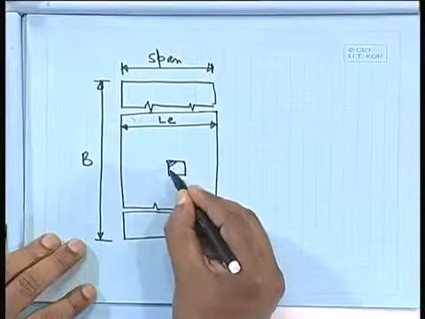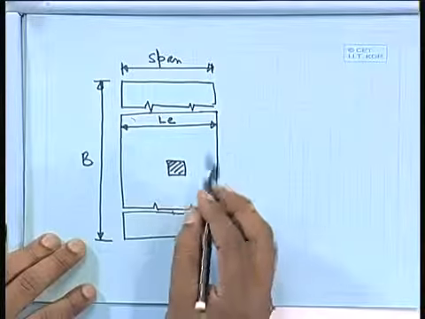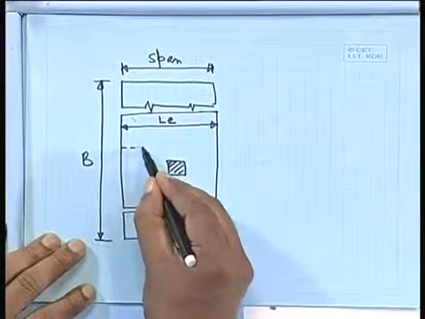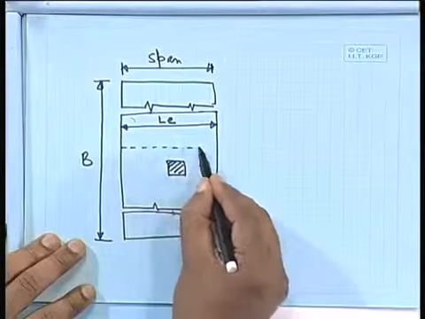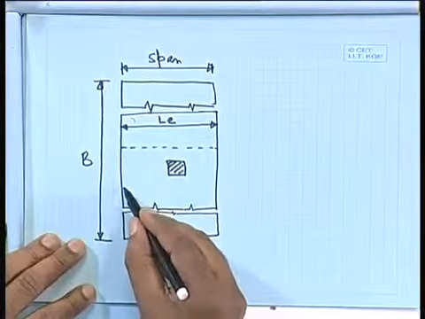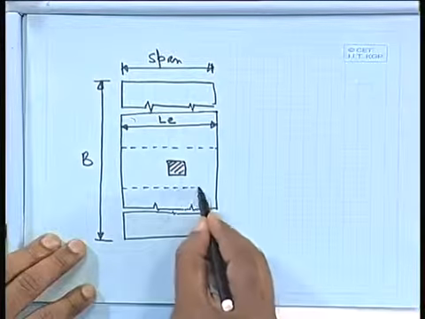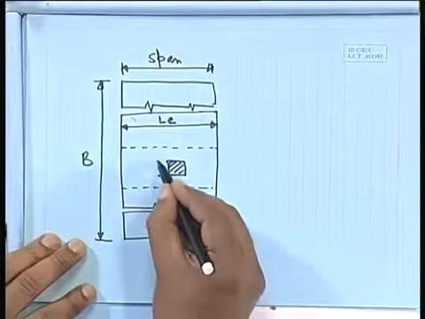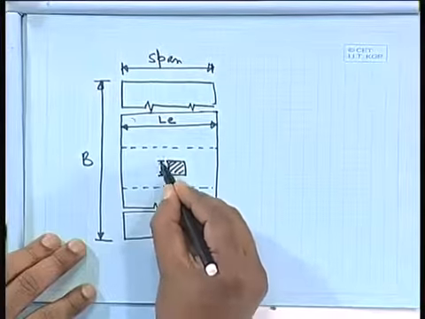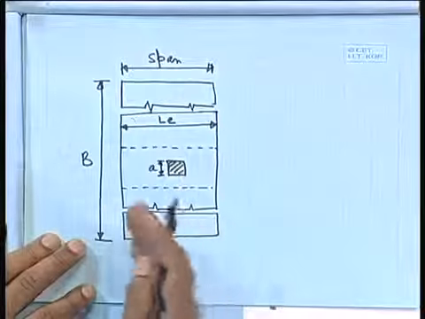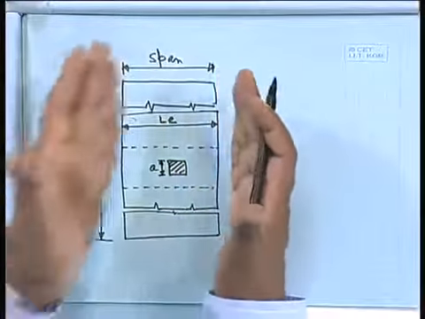This is our impression, either from the tire or any other concentrated load, and after dispersion we are getting, say, like this. This is our A. A is the one, this is the support, and span means this span.